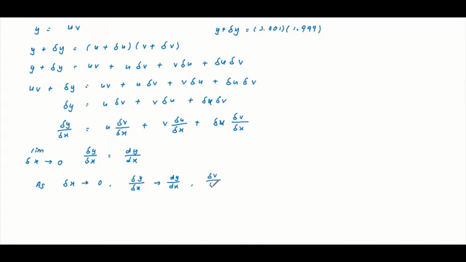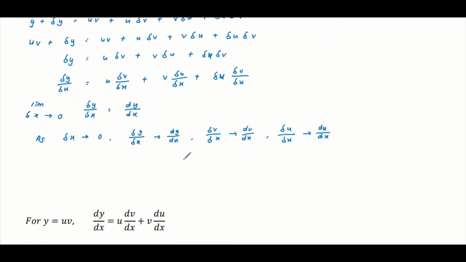Small change of v over small change of x will approach dv/dx. Same thing, small change of u over small change of x will approach du/dx as well. Then the last one, small change of v: we have written this, so we don't need to repeat anymore.